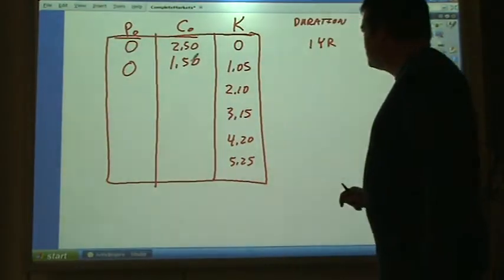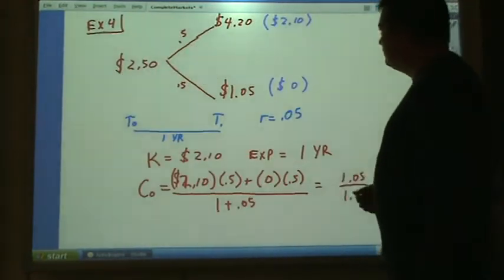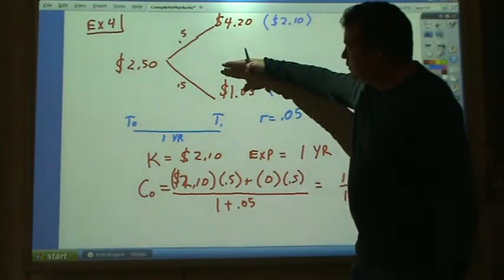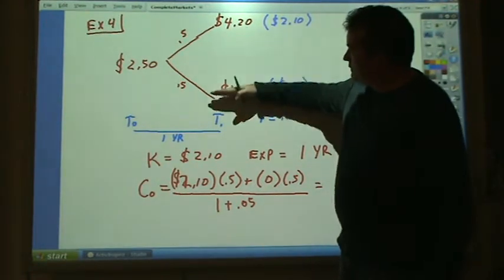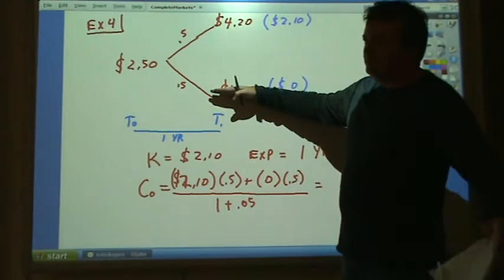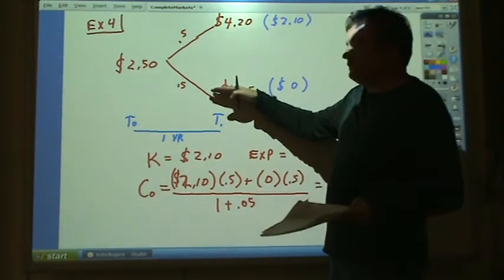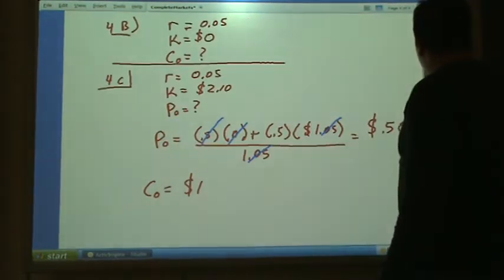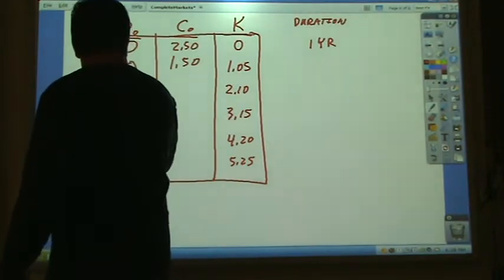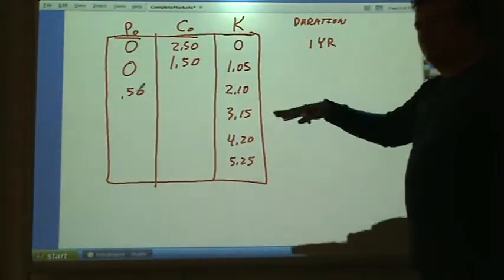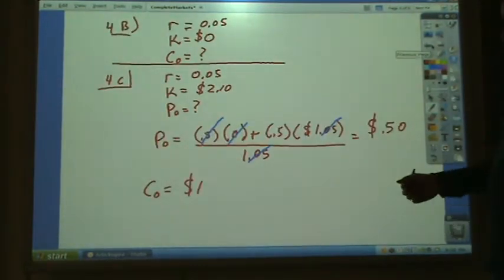Now, if the strike price was $2.10, what would you pay for a put? Half the time you'll get nothing, and half the time you'll get $1.05 discounted back. So half the time you get $1, half the time you get nothing. That would be 50 cents. That make sense? You would pay 50 cents for a put. Actually, we just calculated that on this screen.